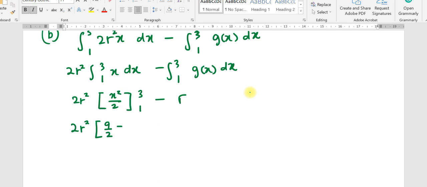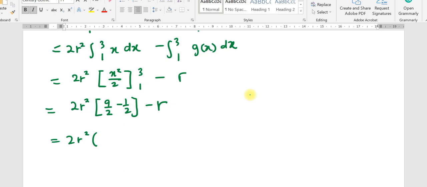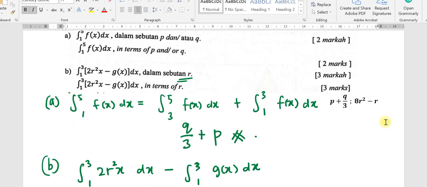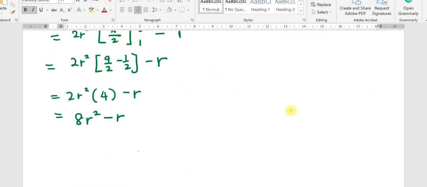Minus 1 over 2. Minus r. So 2r square, 9 over 2 minus 1 over 2 is 8 over 2, which is 4. So 8r square minus r. Yeah, it is tally with the final answer they gave.